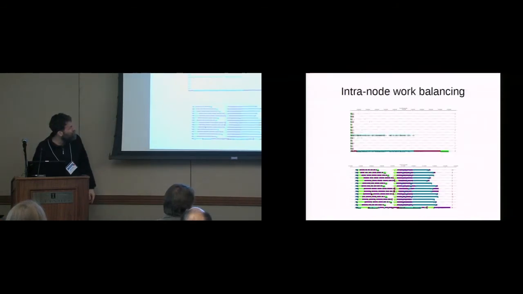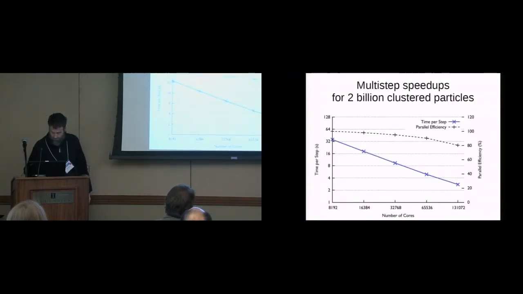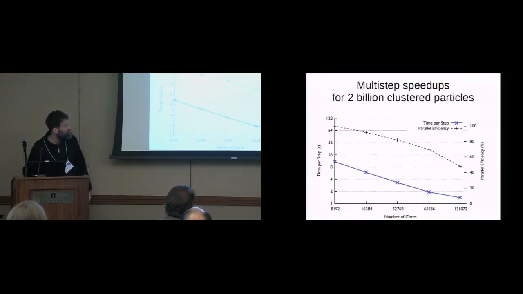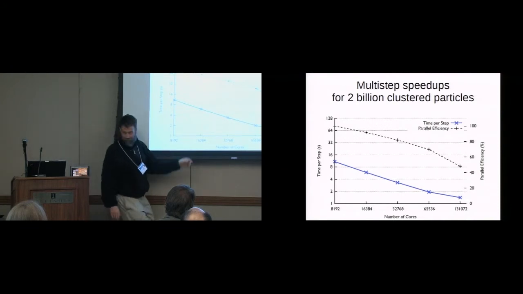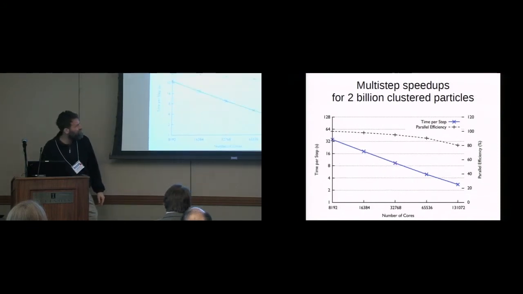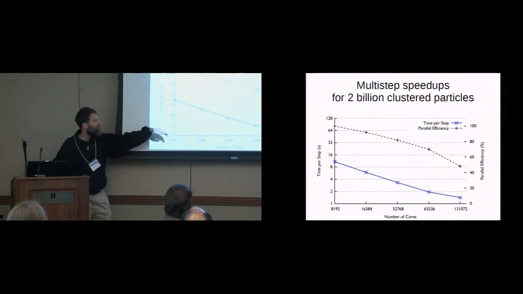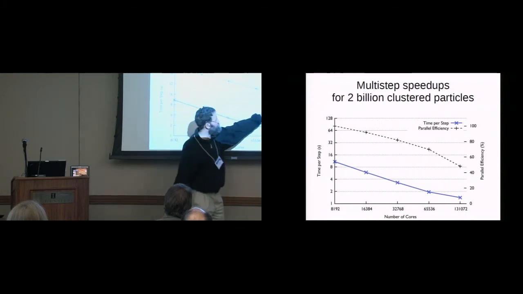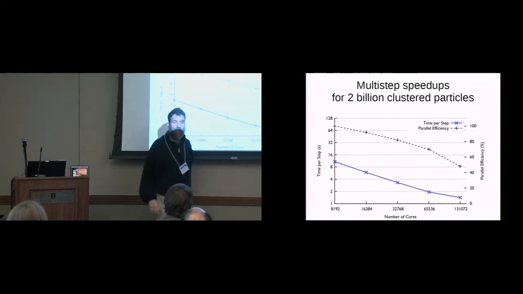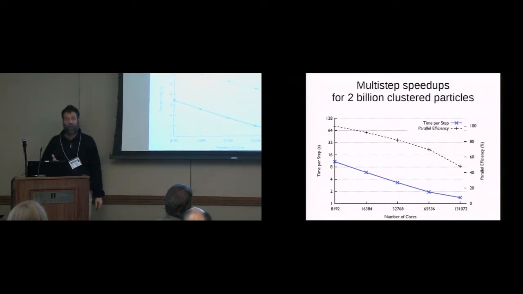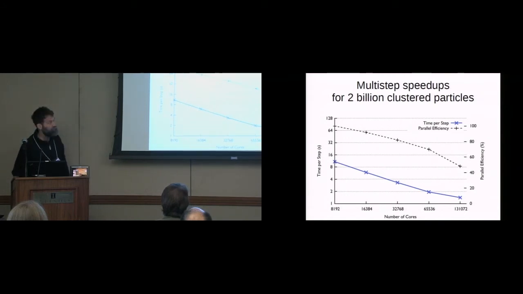But what's more important is that if you do the multi-stepping, notice the difference. The parallel efficiency went down, but this blue curve is telling you about the time to completion. And so, yes, we're only getting 50% parallel utilization, but we're getting a factor of 2 or more in time to completion by using the multi-step method.